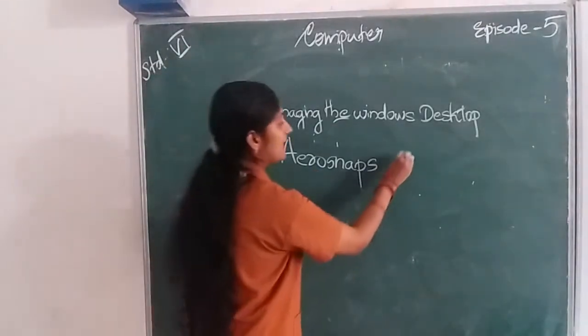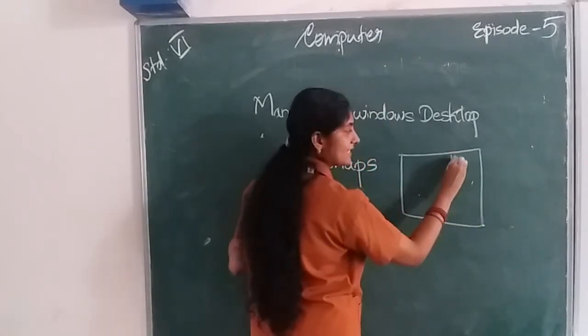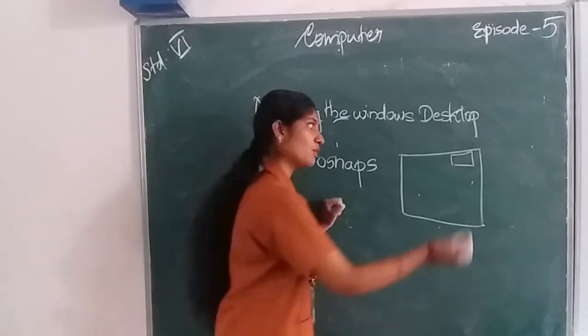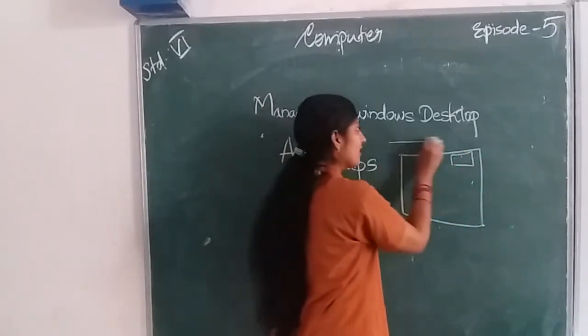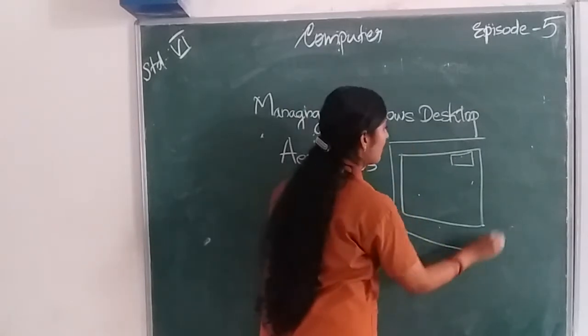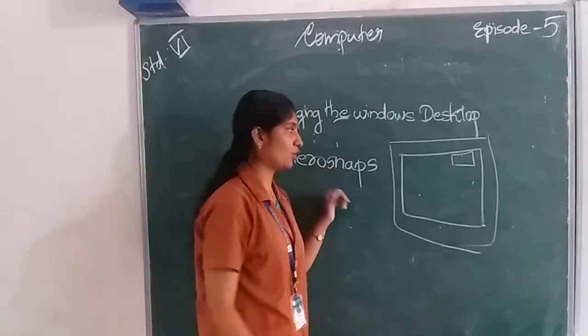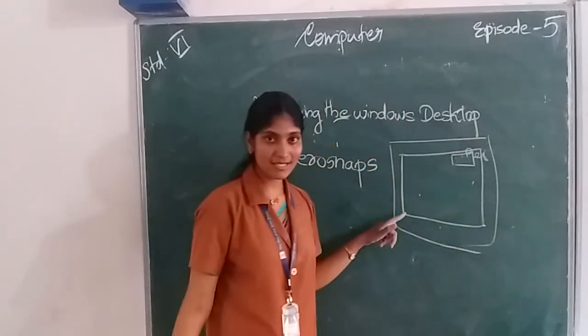For example, this is the window and there are buttons here. If you want to maximize, you can click the maximize button, which maximizes the window. There is also a restore button to reduce the window.